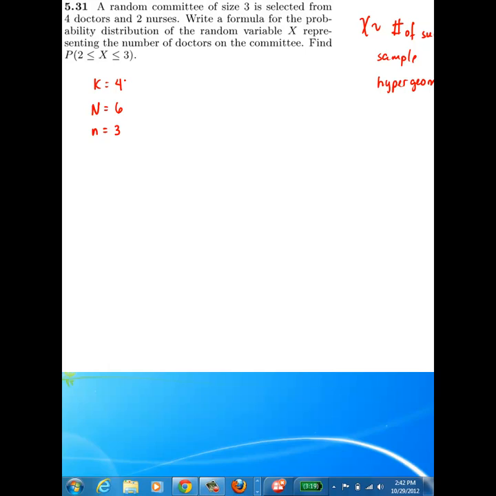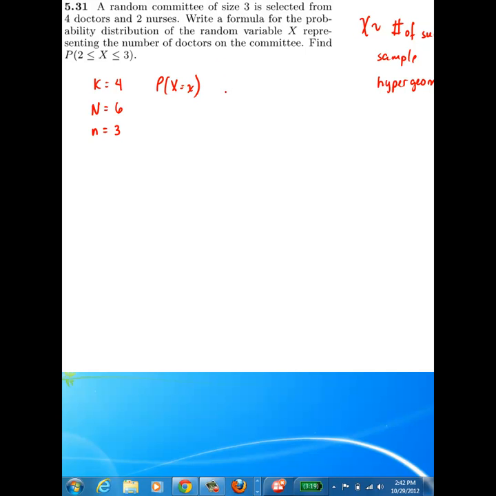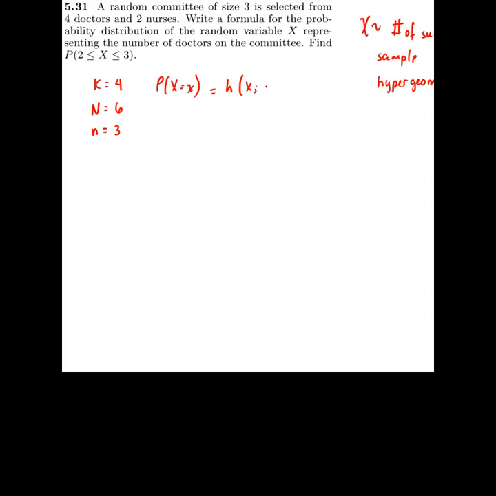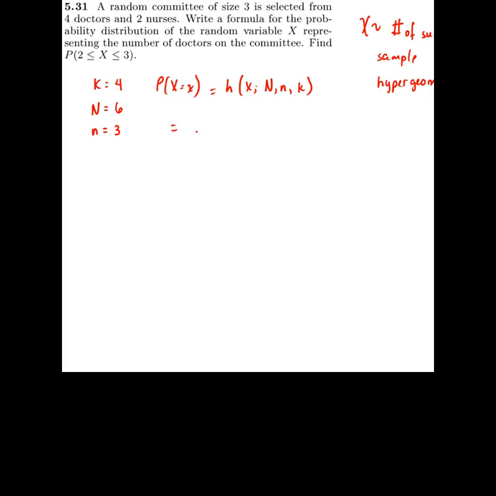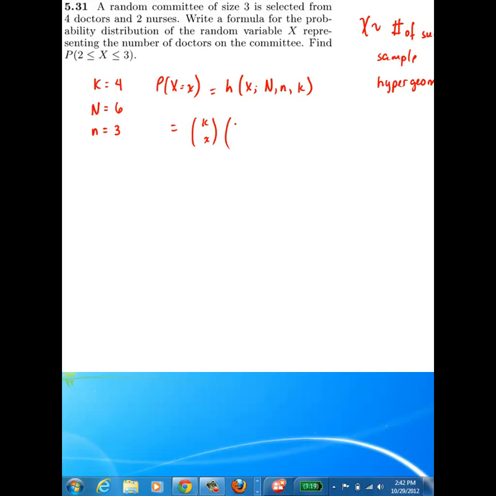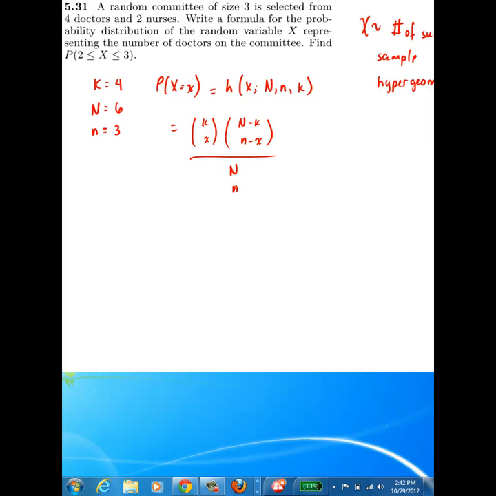So for P of X equals x, we have a hypergeometric with x, capital N, and K. And we know that that is equal to K choose x times N minus K choose n minus x, divided by N choose n.